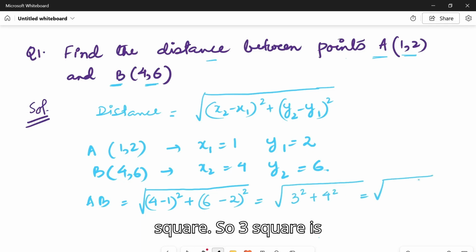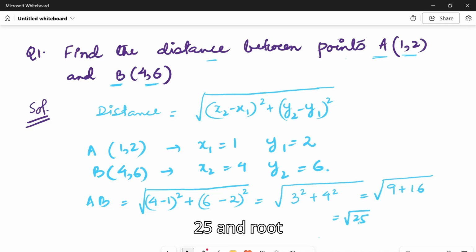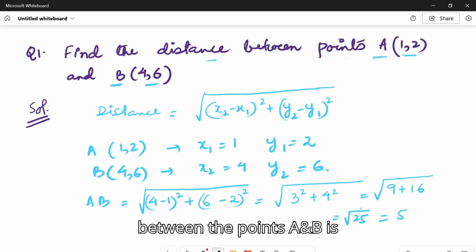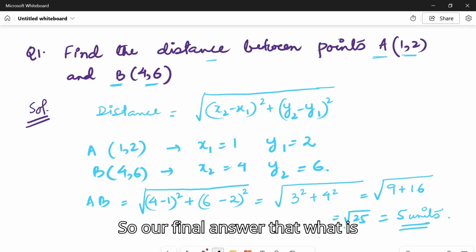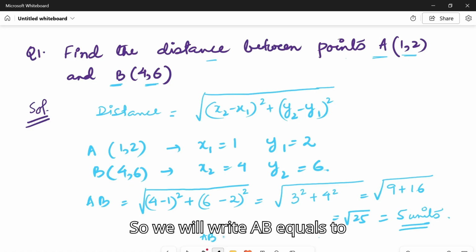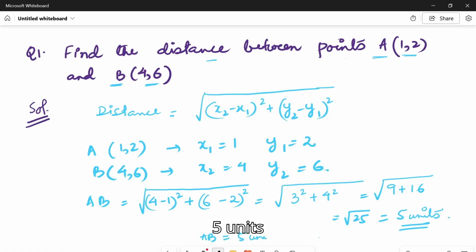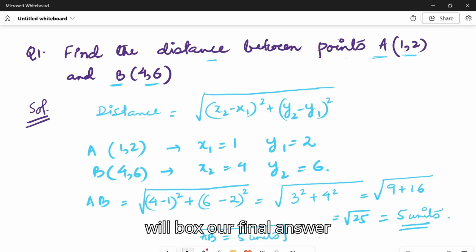So 3 square is 9 and 4 square is 16, which means we are getting root 25, and root 25 is 5. So the distance between the points A and B is 5 units. Our final answer is AB equals 5 units, and that's our final answer. We will box our final answer.